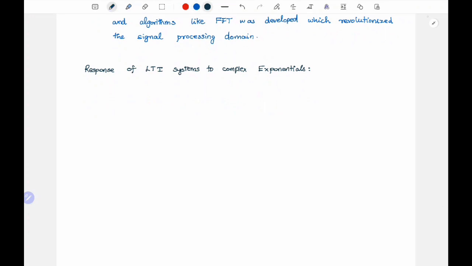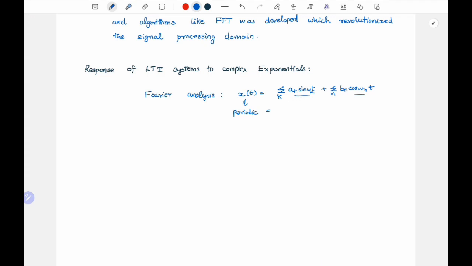So we said, okay, there is something called Fourier analysis, where a periodic signal is represented as a sum of sinusoids, right? These sinusoids themselves can be expressed as complex exponentials.